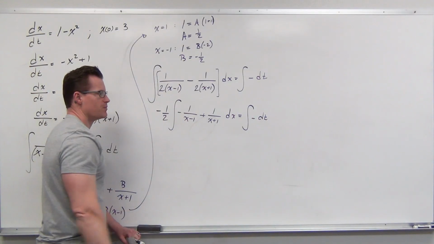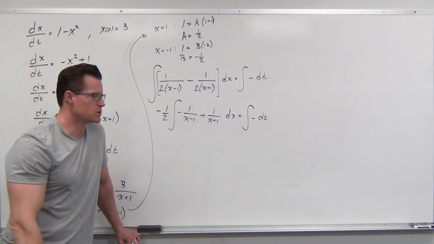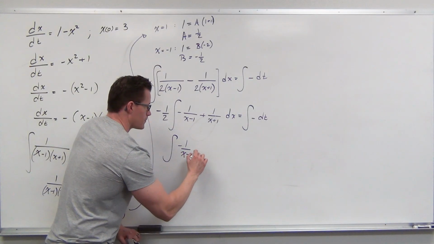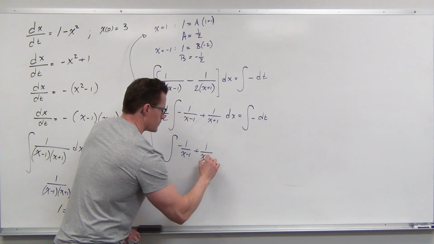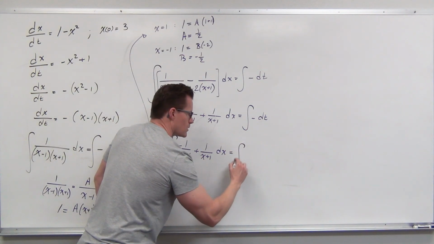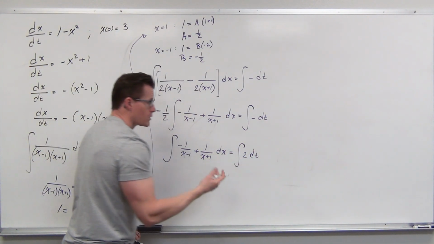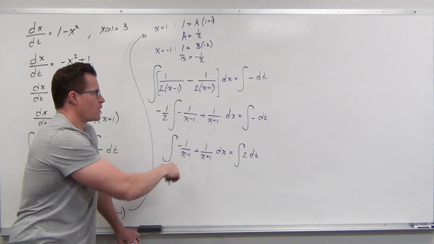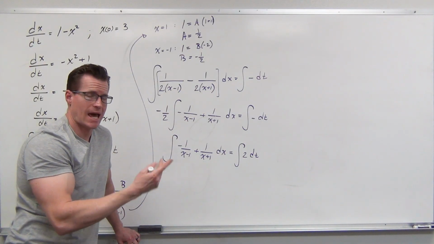If we multiply both sides by -2, then this would give us an integral of 2 dt, or 2 times integral of dt. So we've avoided a fraction, we've avoided a 2. We won't have any 1/2 ln's.